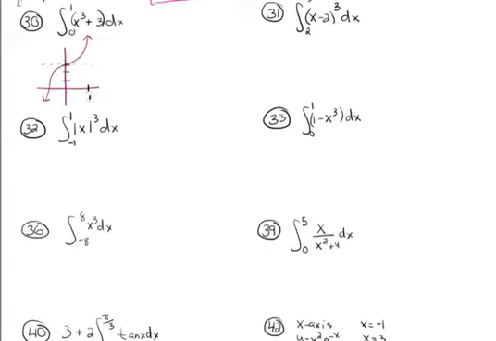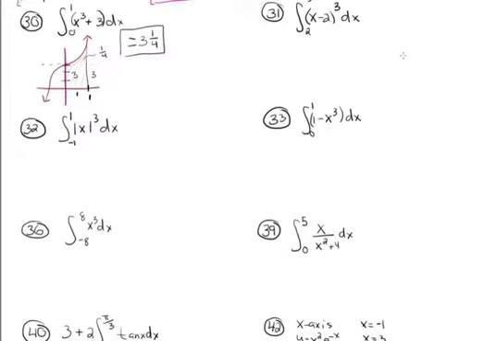And the distance from 0 to 1, this area right here, is that area of a fourth that they gave us. And so now finding the area of the whole thing, I have a rectangle with a length of 1 and a height of 3. So this area is 3, and this area is a fourth, and so the answer is going to be 3 1/4.